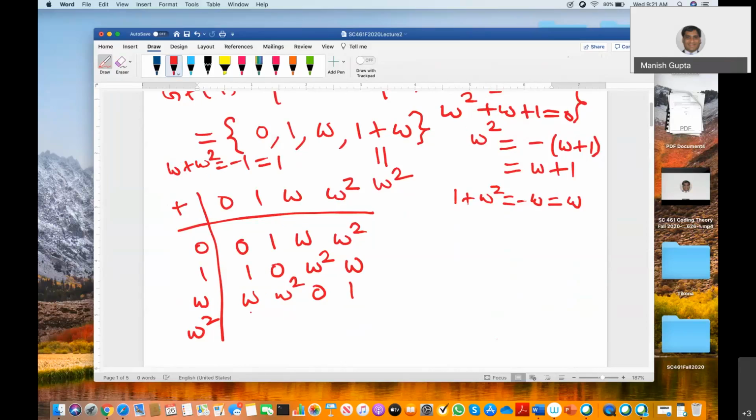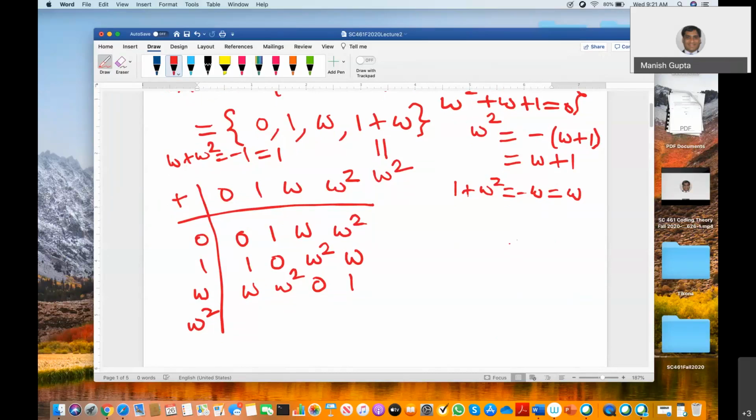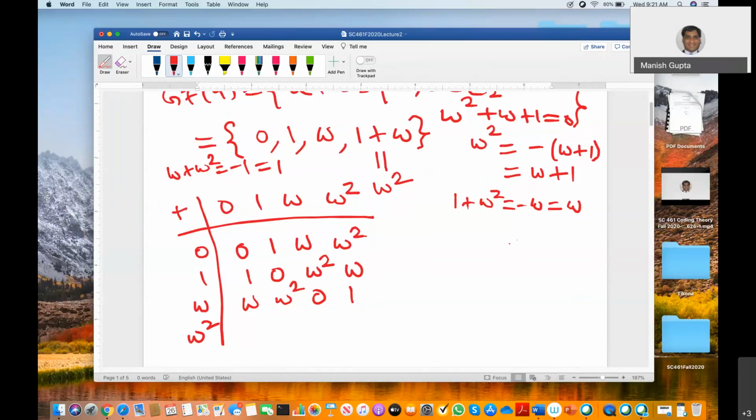Similarly, 2 omega, how is it possible? Yes, please tell me, can you repeat? I can't hear you. Omega plus omega, how is it possible, because there is a 2 component there, right? 2 omega, modulo 2, is 0.